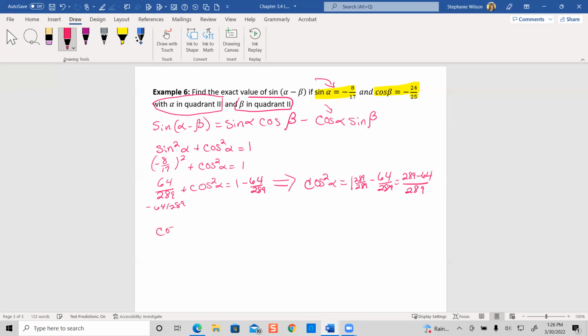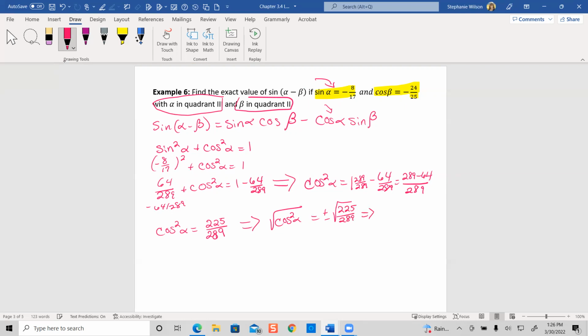So now I got cosine squared alpha is equal to 225 over 289. And now I'm going to take the square root of both sides because I want just cosine. I don't want the cosine squared. That means I'm going to get a plus or minus.